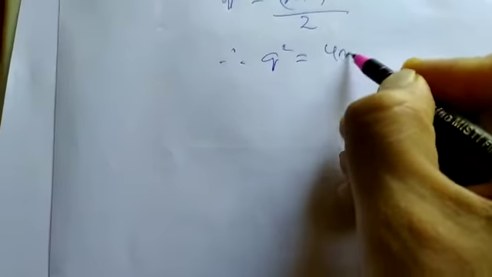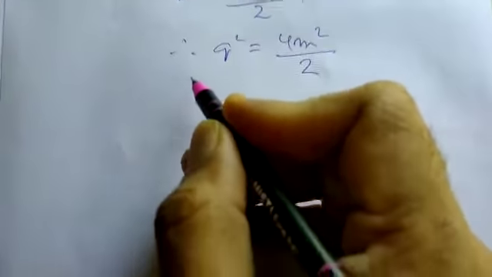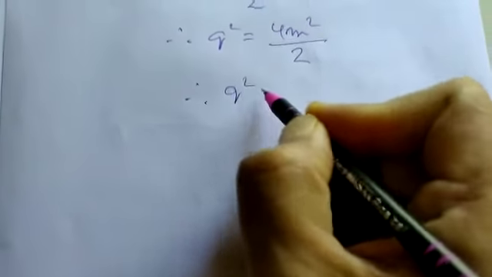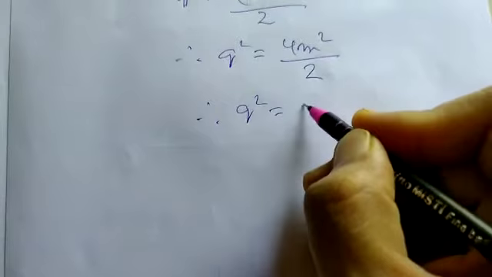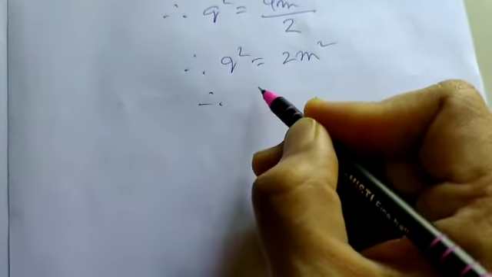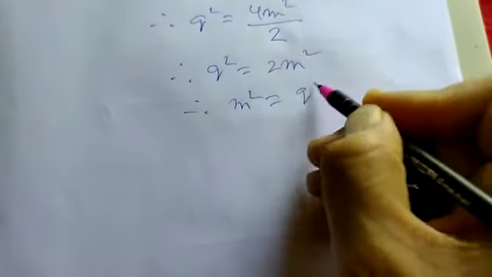Therefore, we are getting q square equal to 4m square by 2. Therefore, we can say that q square is equal to 2m square. Therefore, m square is equal to q square by 2.